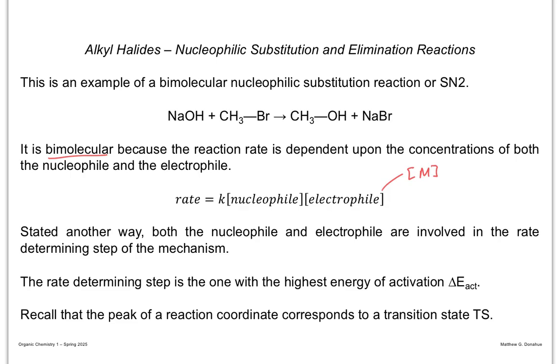In the energy coordinate, the rate determining step is the energy of activation. So that's when you have your starting materials and then you're going uphill. Whichever hill is the highest to climb, that's the energy of activation. And that determines the overall rate. One way to think about rate is like traffic, so cars moving.